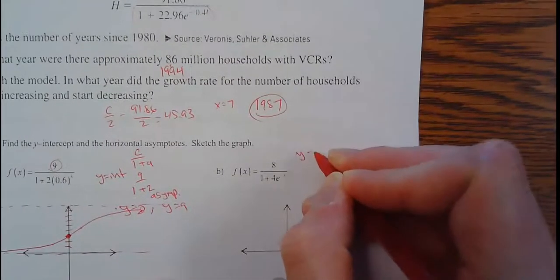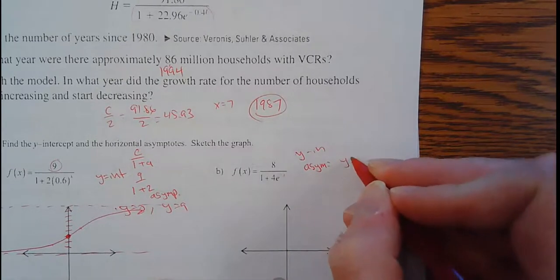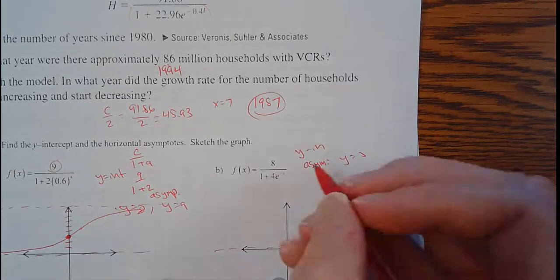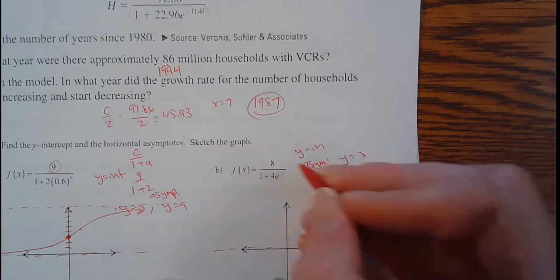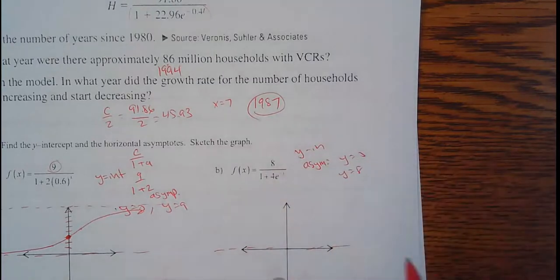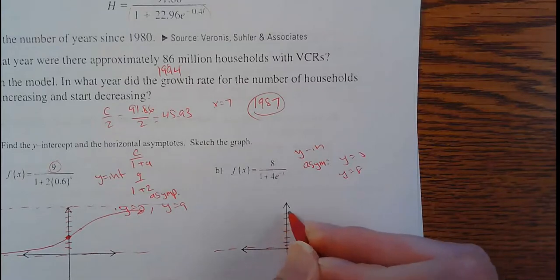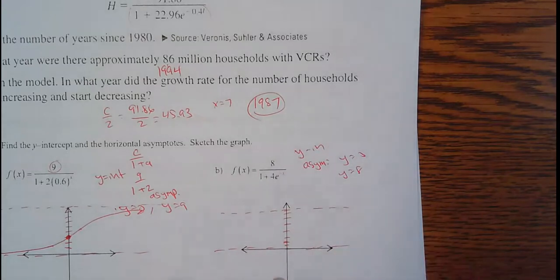For this one, y-intercept, asymptotes. It's going to be y equals 0, as always, for the bottom asymptote. Now, if there was like a minus 2 on the end of this, you could drop that down, but there's not. And then y equals 8 is the highest it ever gets, because that's the C up here. So 1, 2. Not sure that's drawn to scale, but something like that.